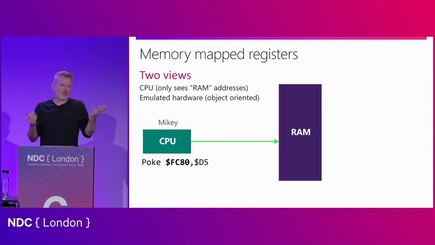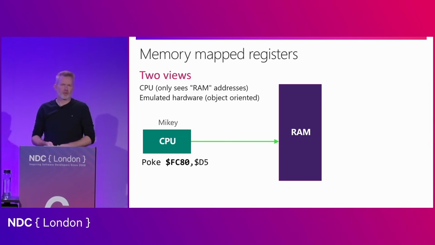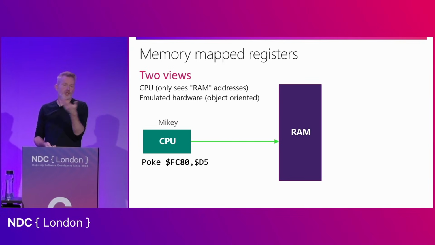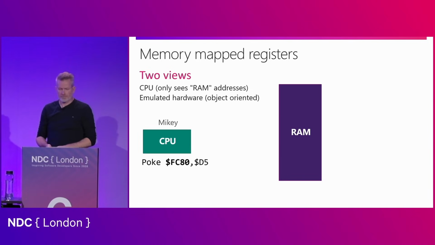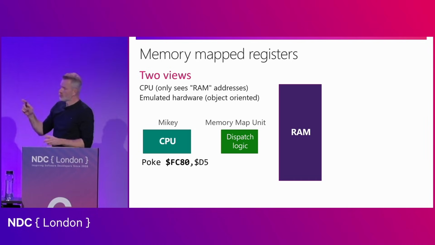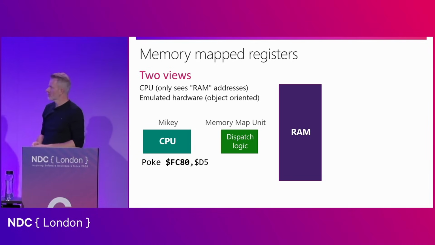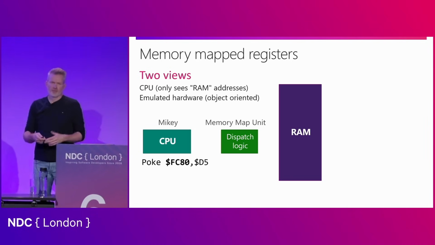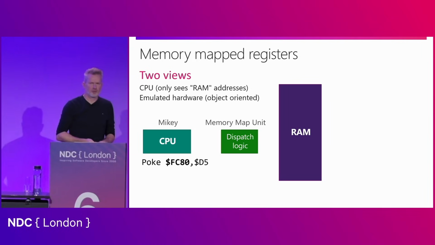But that means that you can only use RAM, and you want to communicate with the hardware as well. For example, read joystick state. If somebody pushes buttons, you want to know which buttons have been pushed. How does that get into memory? Well, that's where they do two things in the consoles. First of all, they have some form of memory map unit.